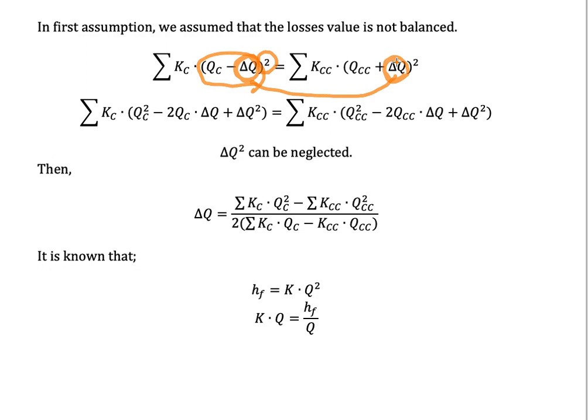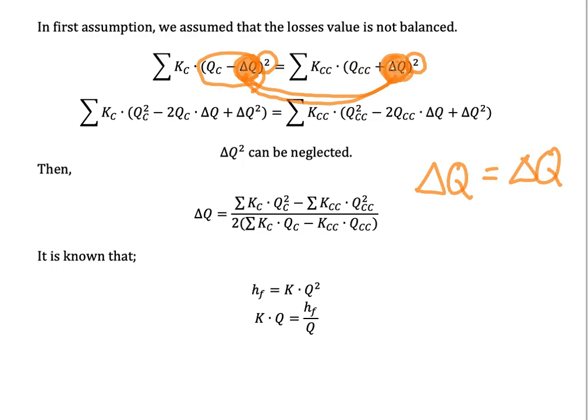So you need to write Qcc plus delta Q in bracket squared like this. The amount of delta Q must be equal, because the same amount you take from the left needs to be transferred to the right. So the delta Q is the same thing.